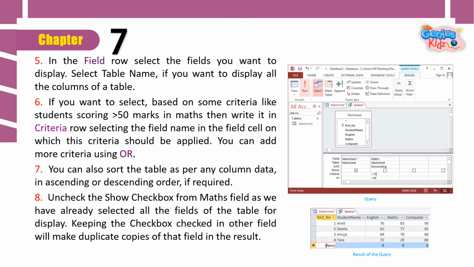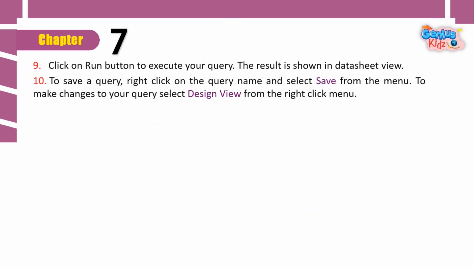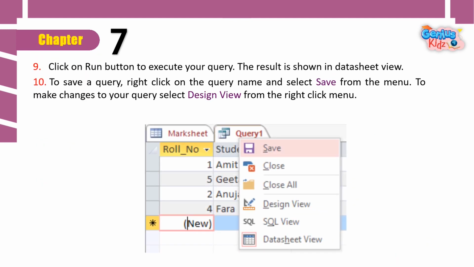Keeping the checkbox checked in other field will make duplicate copies of that field in the result. 9. Click on Run button to execute your query. The result is shown in Datasheet view. 10. To save a query, right-click on the query name and select Save from the menu. To make changes to your query, select Design View from the right-click menu.